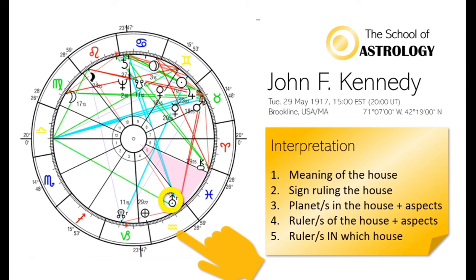We also see the ruler of the 5th house, Uranus, in the 4th house. This is our interpretation rule number 5. The ruler of the house appears in which house? This means the lover or the affair will appear in your home.